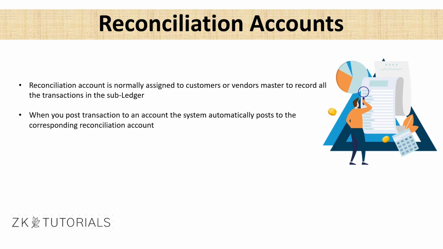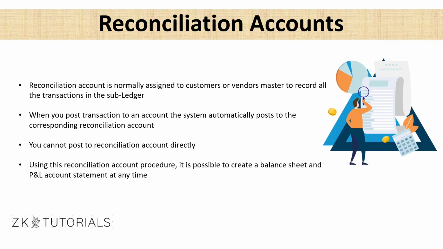When you post a transaction to an account, the system automatically posts to the corresponding reconciliation account. You cannot post to a reconciliation account directly. Using this reconciliation account procedure, it is possible to create a balance sheet and P&L statement at any time.